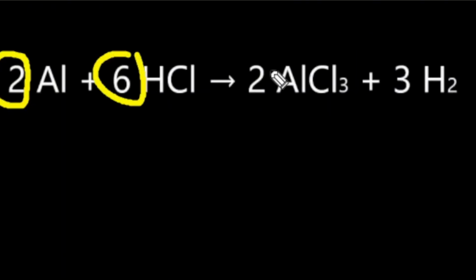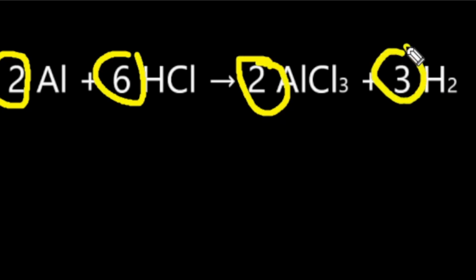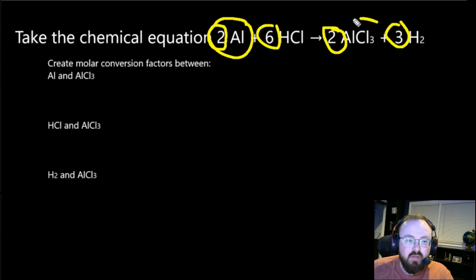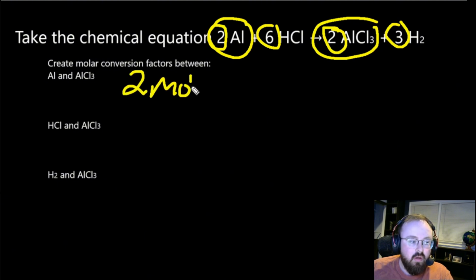And this is why balancing becomes an important skill, because our reaction has to be properly balanced in order to create those ratios. So our first one is between aluminum and aluminum chloride. And simply enough, we have a 2 here and a 2 here. So therefore, 2 moles of aluminum is equal to 2 moles of AlCl3.